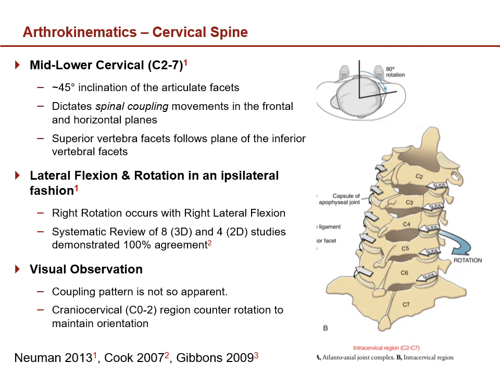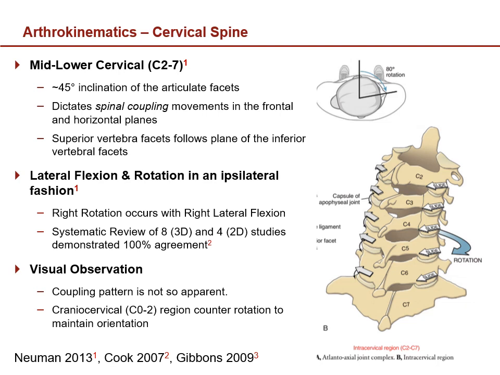There's actually a counter rotation, and this is really to keep the orientation and maintain visual orientation. So for instance, if you were to pause the video and side bend your head to the right, then it's possible that your upper cervical spine will rotate to the left as a means of keeping your orientation looking forward. Depends on, of course, where you're focusing your vision and where you're orienting yourself to.